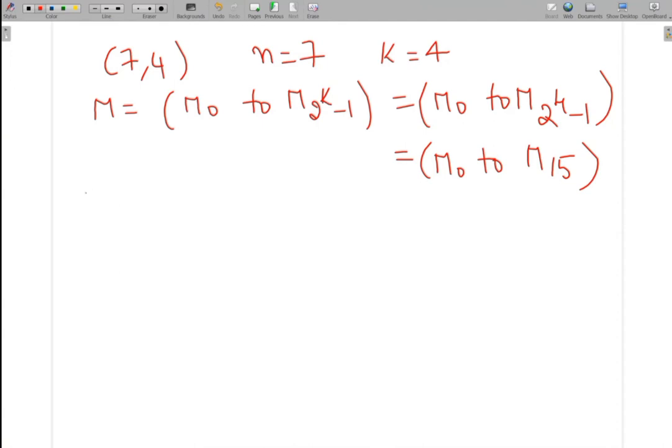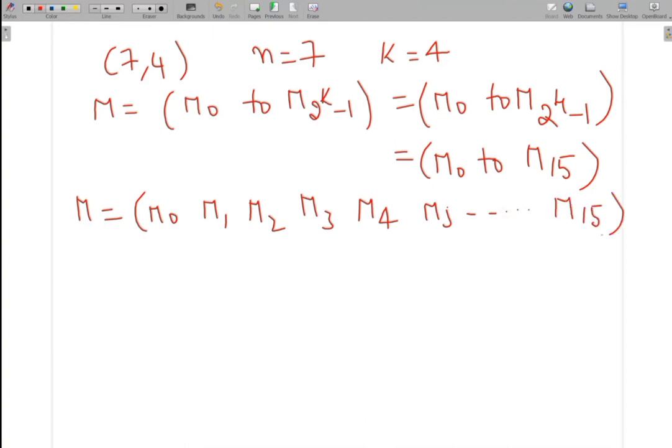Generally, 16 possibilities are there: message vectors m0, m1, m2, m3, m4, m5, and so on up to m15.